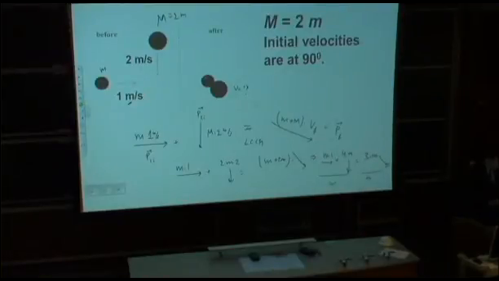So now I gotta switch to a different slide. So I gotta test my short memory. If I cancel m, what I have left is 1 directed to the right plus 4 directing down should be equal to 3, well, it's clearer.